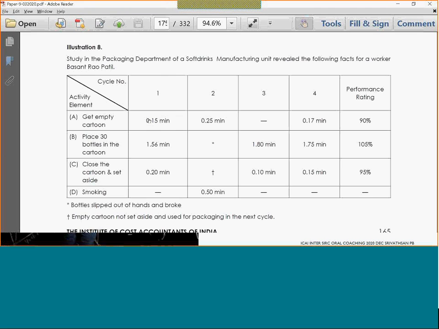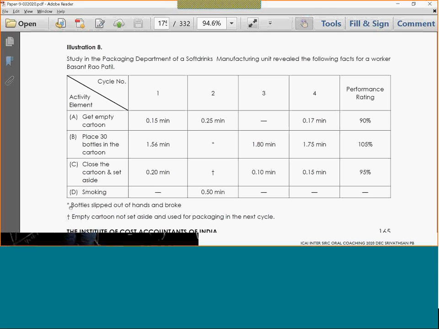So one, he took 0.15 minute to get the carton. Fill the bottles, 1.56 minutes. It's not seconds. They have given it in terms of minutes. And then close carton and set it aside, 0.2 minutes.